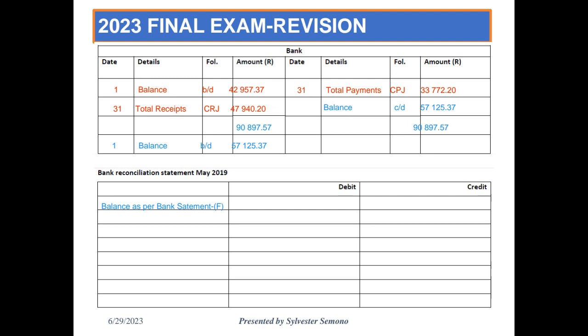No, it's credit, sir. It's credit because it's coming from the bank statement. Okay, it is on the credit side. If it was unfavorable, you would record it on the debit side.